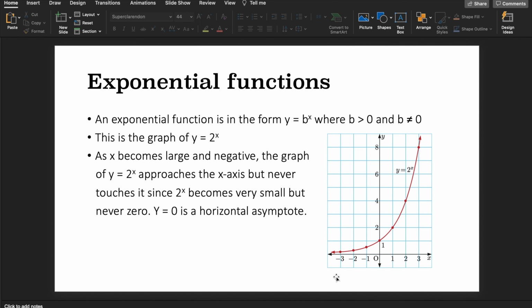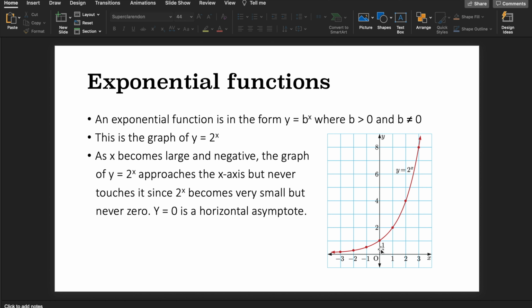Okay, now let's do exponential functions. The previous slide was supposed to be exponential equations, by the way. So exponential functions: an exponential function is in the form of y equals b to the power of x, where b is greater than 0 and b is not equal to 1. Over here we have the graph of y equals 2 to the power of x.